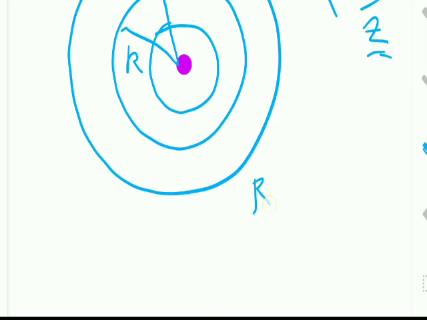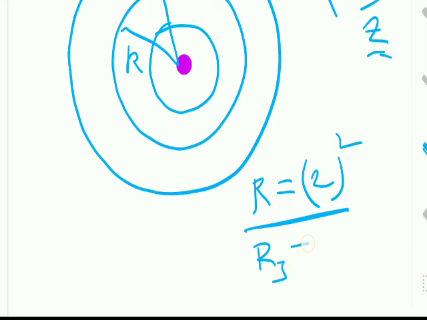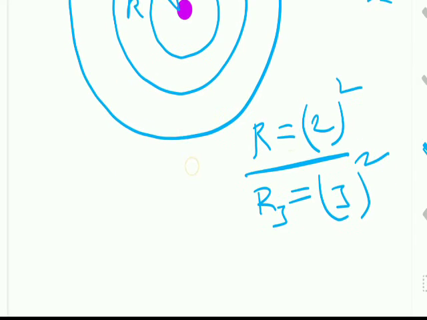Then capital R is equal to 2 square, and R3 is equal to 3 whole square.